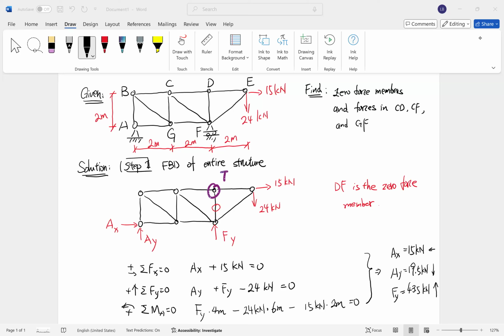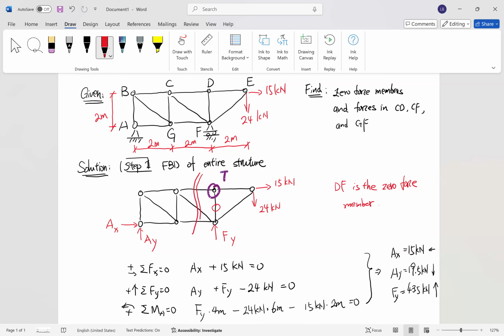Okay, and now, seeing that it is a method of sections, we are going to imagine that we have a knife that cuts through this structure, and more specifically, it cuts the members of our interest. I'm going to imagine that I have a knife here and cut through this structure.